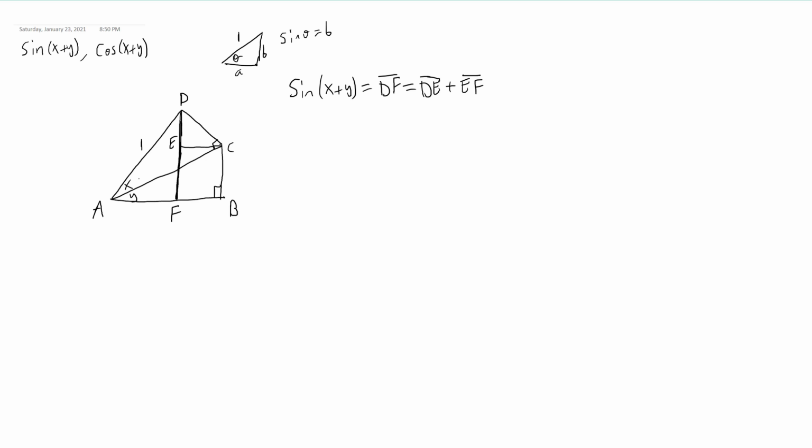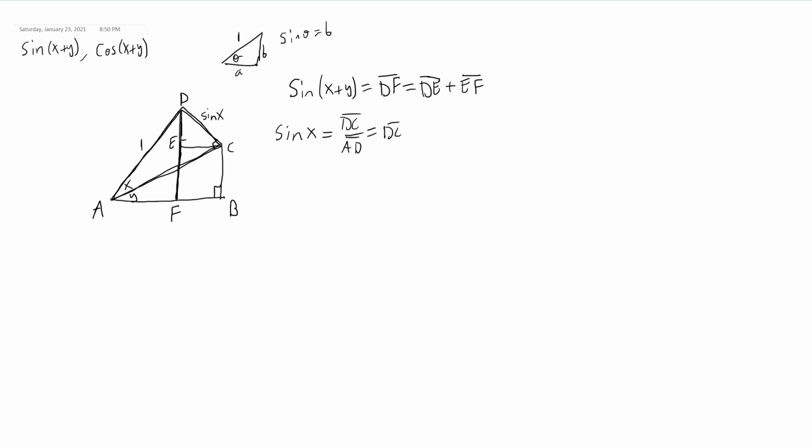So if we look at this triangle, from A to D to C, we have one side, and that side is the hypotenuse. So let's look at what sine of x is. Sine of x is length DC over AD. Well, AD is just 1, so it's just length DC. So I'll stick that there. That's sine of x.